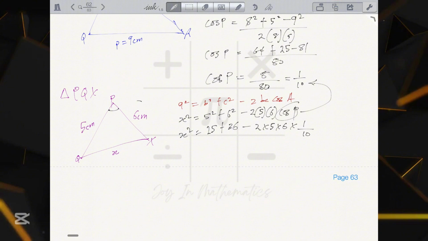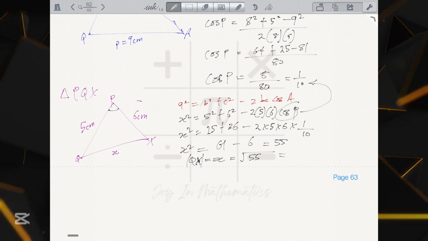And this will result into X squared is equals to 25 plus 36, which will give us 61, minus 6. And this will be equals to 55. So we can find the expression of QX, which is equals to X, is equals to the square root of 55.